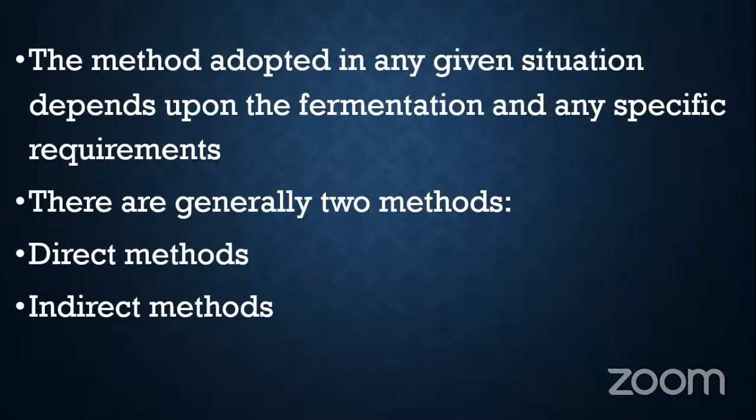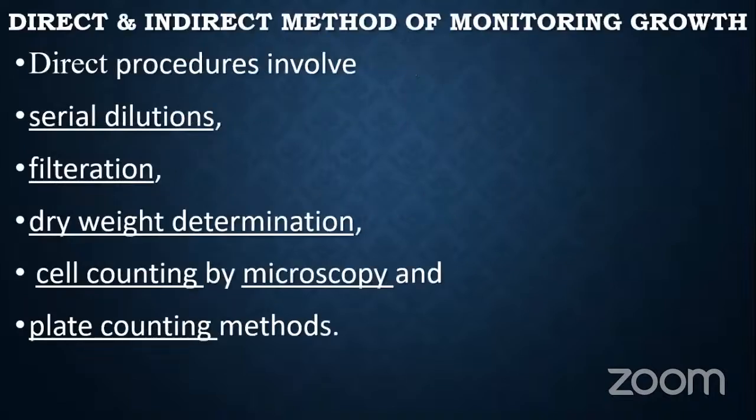So, like I said, we have a direct method and an indirect method of monitoring microbial growth. For the direct method, we have the simple method of serial dilutions, filtration methods, dry weight determination, cell counting by microscopy, and plate counting methods.